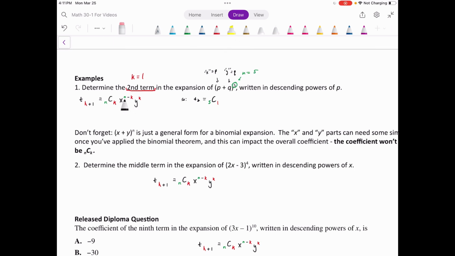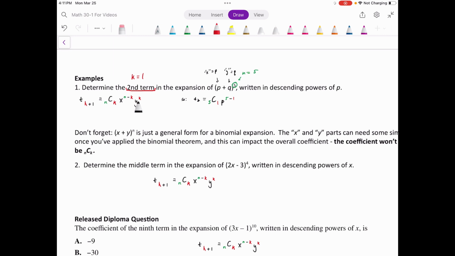Times x to the power of n minus k. But don't forget, this is just the general form. Our x, the first term of our binomial, is really p. So we're going to have p to the power of n minus k. For us, n is 5 and k is 1, so p to the power of 5 minus 1.